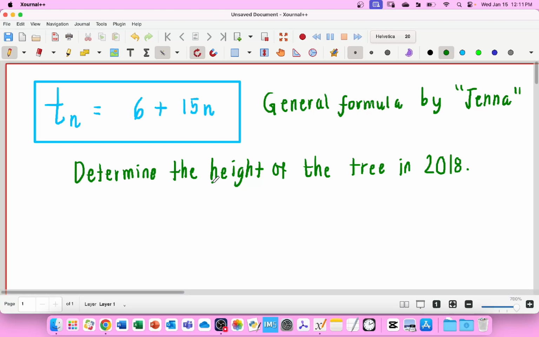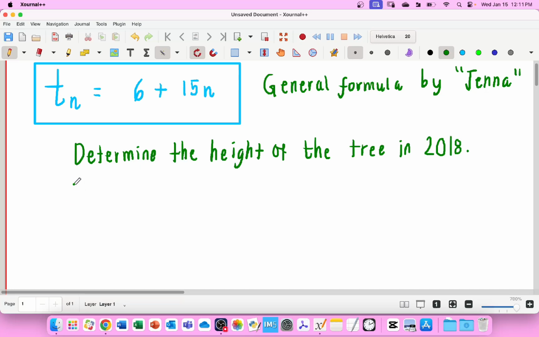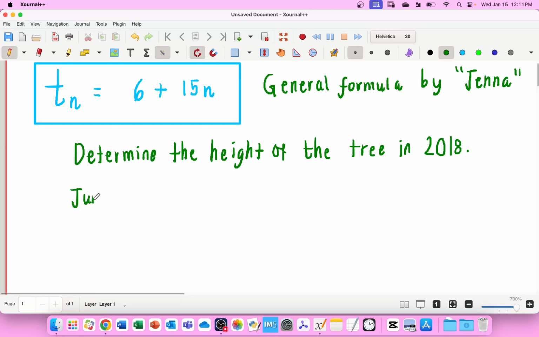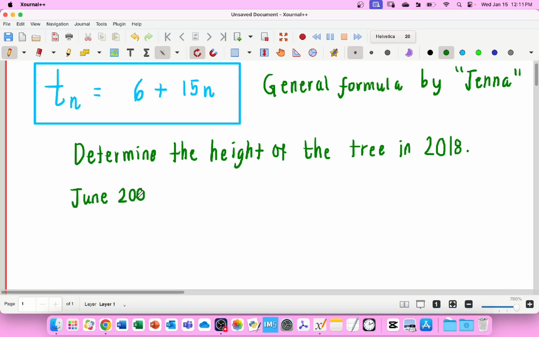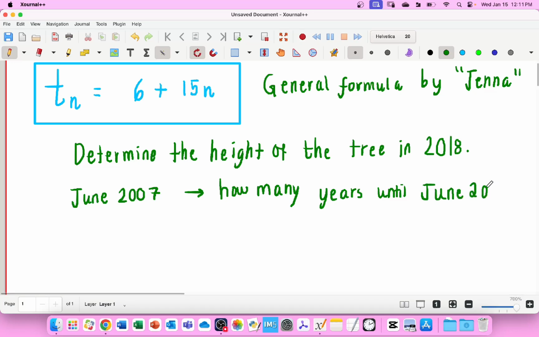Okay, so going back to the original question, determine the height of the tree in 2018. Well, if it was originally planted in June 2007, I just need to see how many years until June 2018.